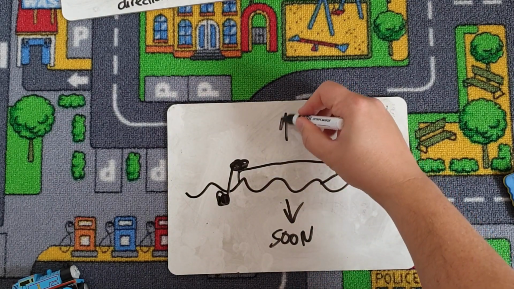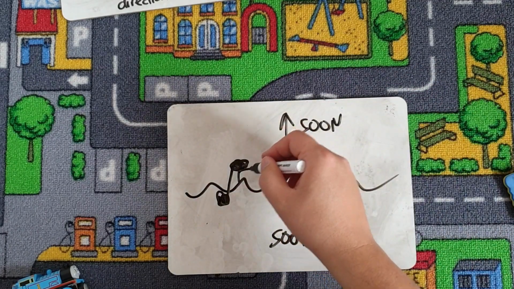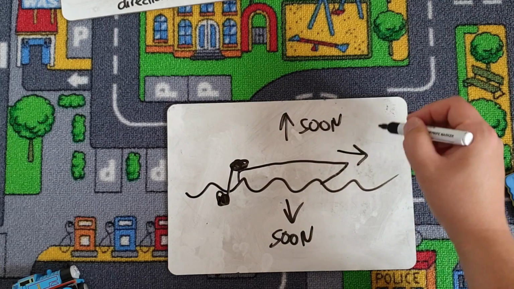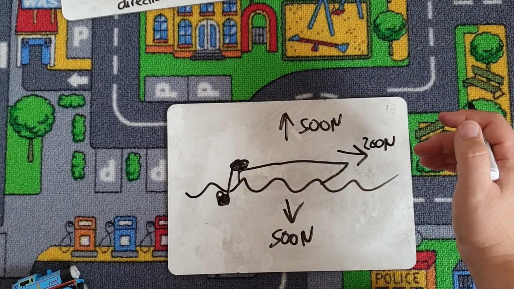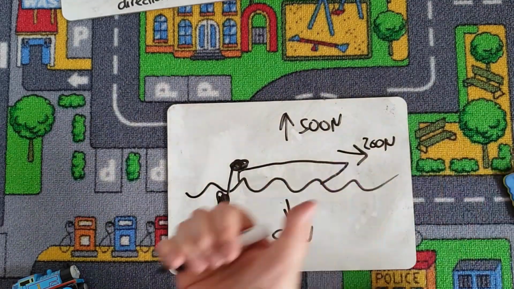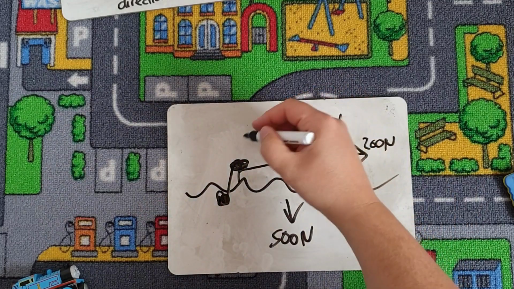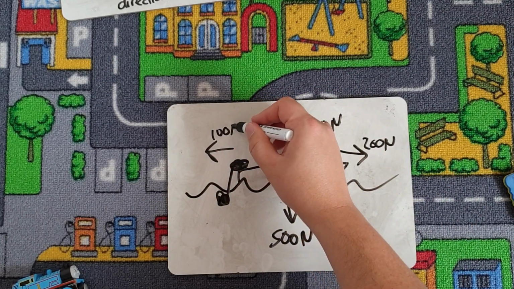We're going to have the force from the water pushing the boat up, 500 newtons. We're going to have the engine pushing the boat forward with 200 newtons. There's going to be drag backwards, so the boat's trying to push forward and the water's pushing the boat backwards, and we're going to say that is 100 newtons.